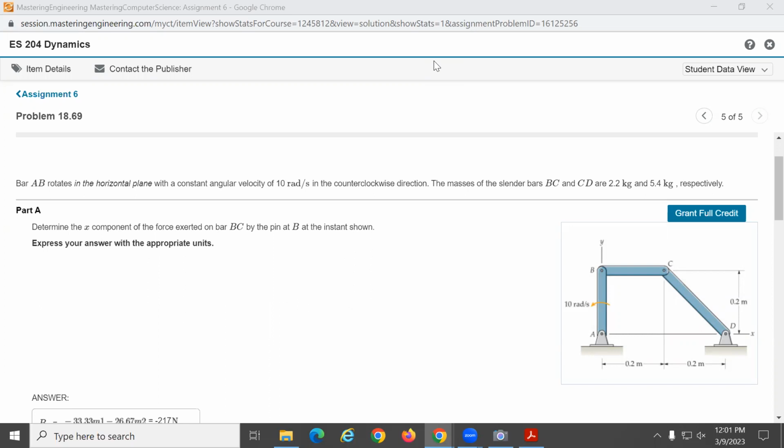Determine the X component of the force exerted on the bar BC by the pin at that instant, the horizontal. So B Y, no? No, the B X.